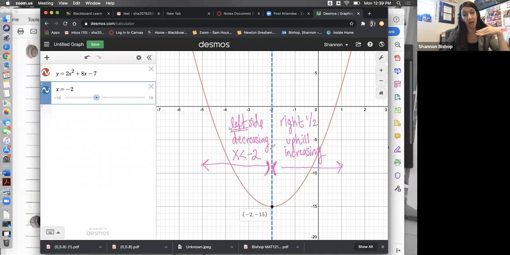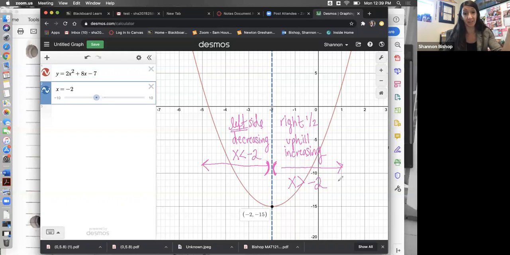And then similarly, on the right-hand side, everything to the right of -2. Well, if you're to the right of -2, then what you're referring to are x values that are technically bigger than -2. Think about that, to the right of -2. So like -1, 0, 1, 2, 3, 4, 5. Those are all the numbers to the right of -2.